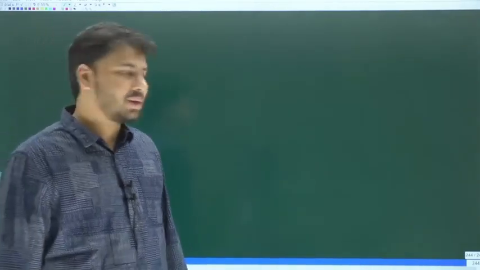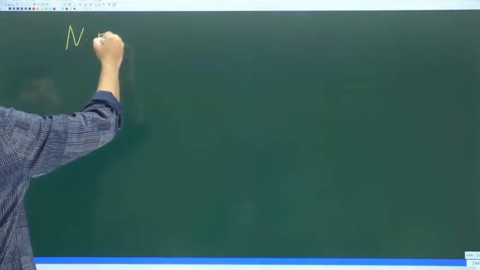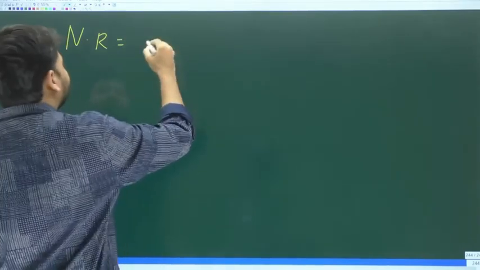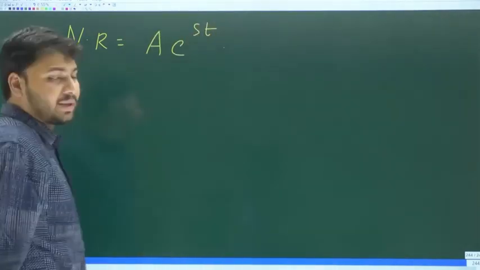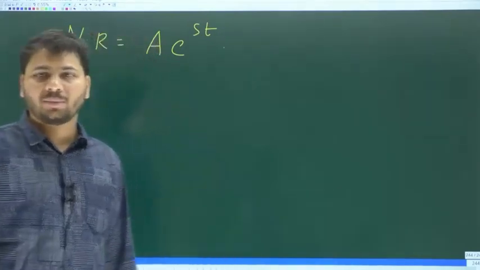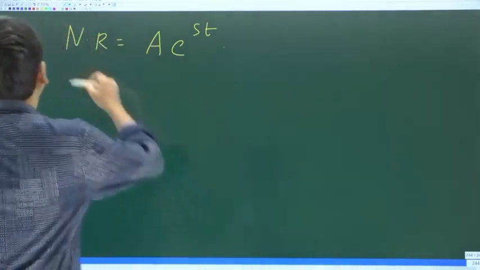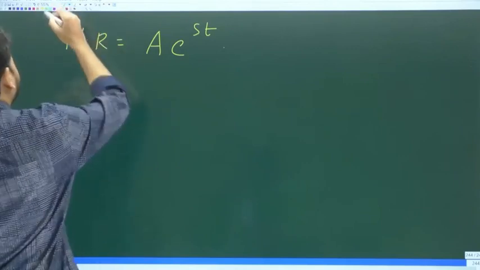Okay. Now what exactly is that natural response, or what exactly is that decaying exponential which is part of the natural response? See, always the natural response will be what? Some A times e power st. What is this s?